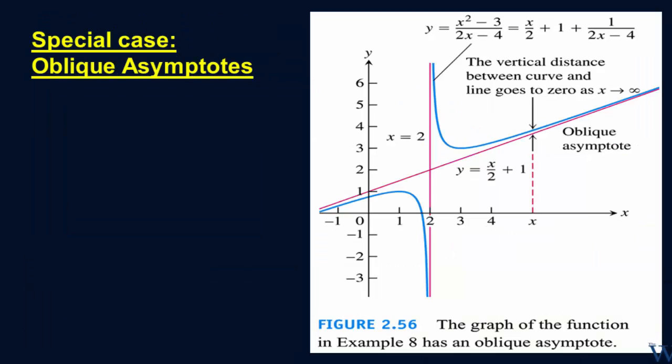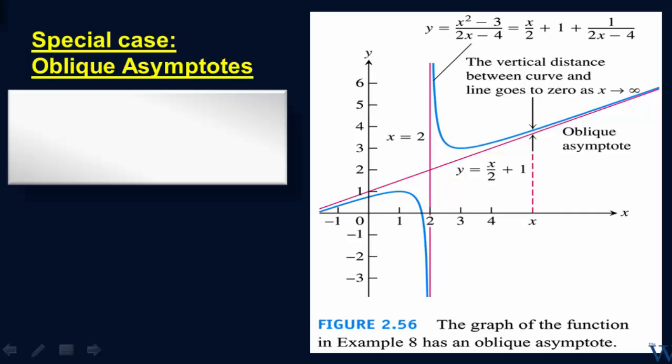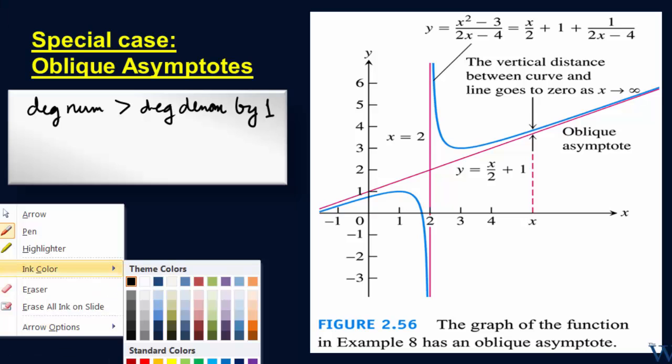Now we look at a special case. What do I mean by a special case? The special case is when the degree of the numerator is greater than the degree of the denominator by 1. So I'll give you a few examples to tell you what I mean.